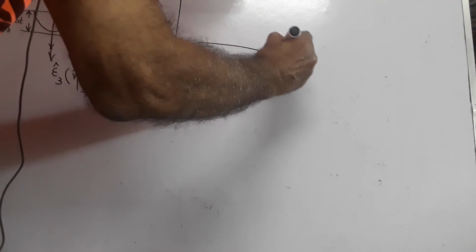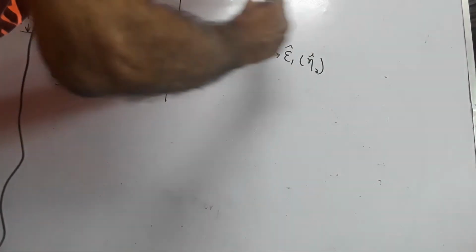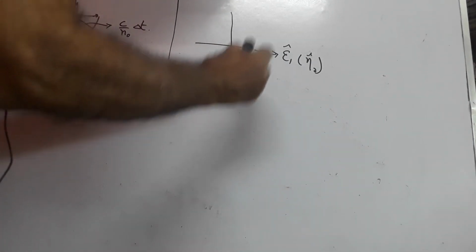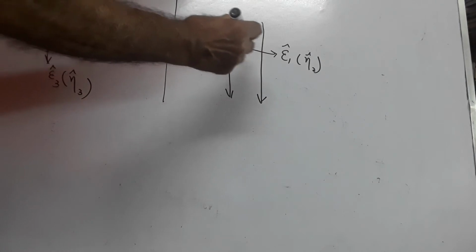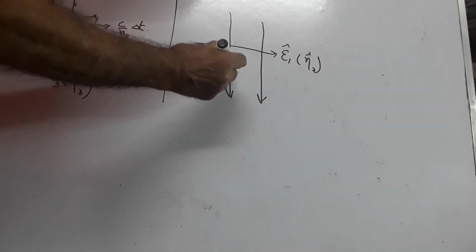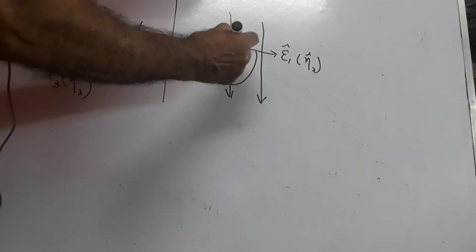Let's consider the optic axis along epsilon 1, eta 3, and my wave is moving this way. If the E2 is in that direction, that will have something like that.